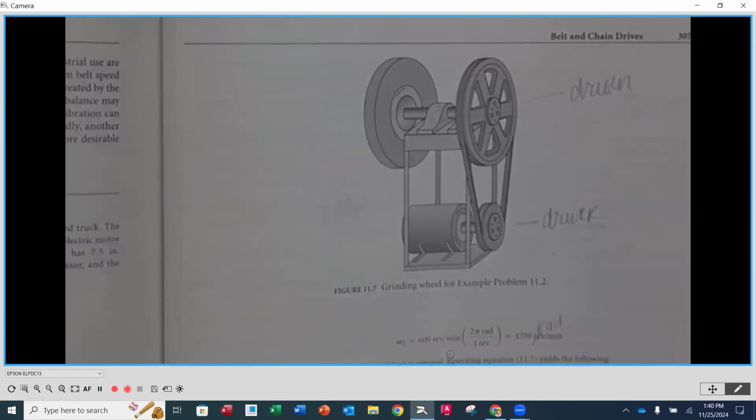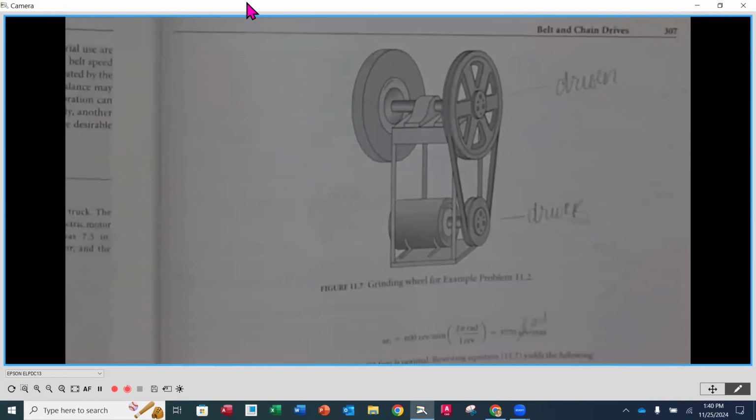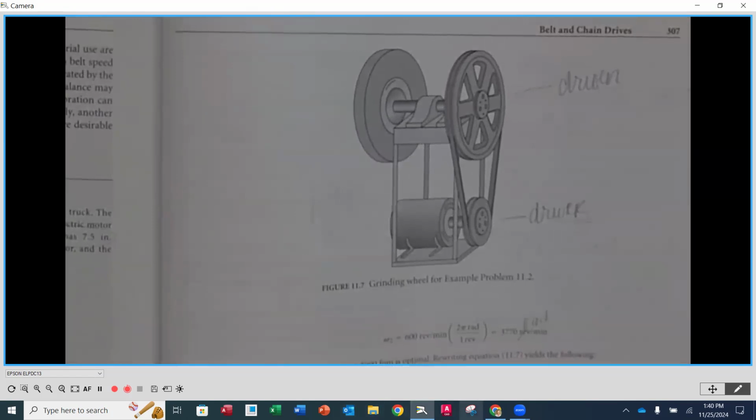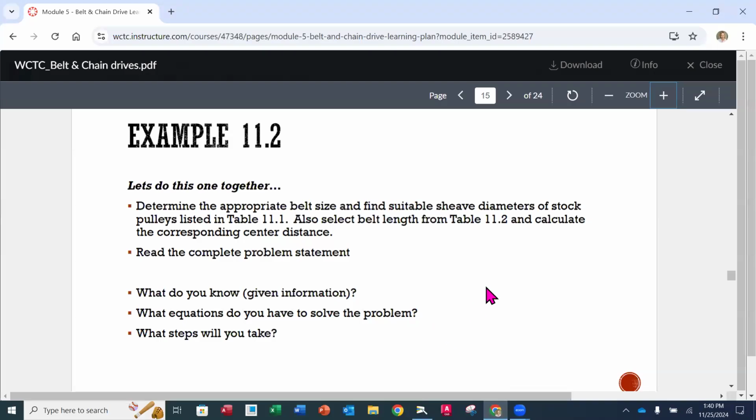What I want you to do to start off is, I'm going to go back to our PowerPoint presentation. I want you to do that very same thing where you list what you're given and line them up with variables from that equation sheet we just identified. Anything that is given, and also let's identify anything that we need to find.